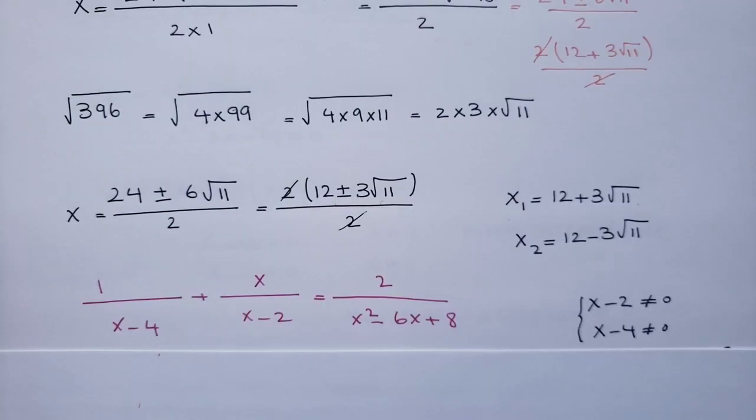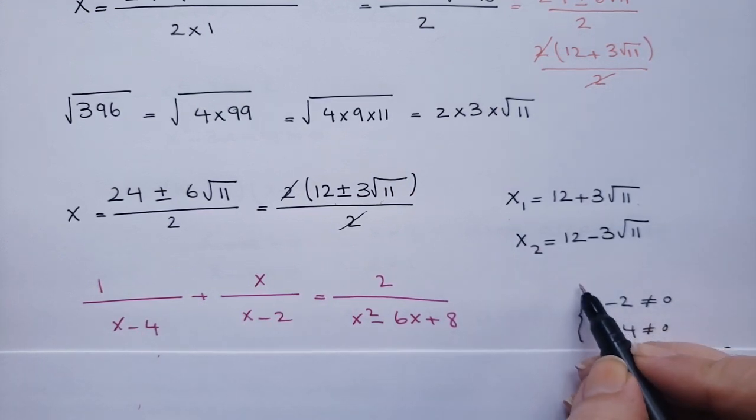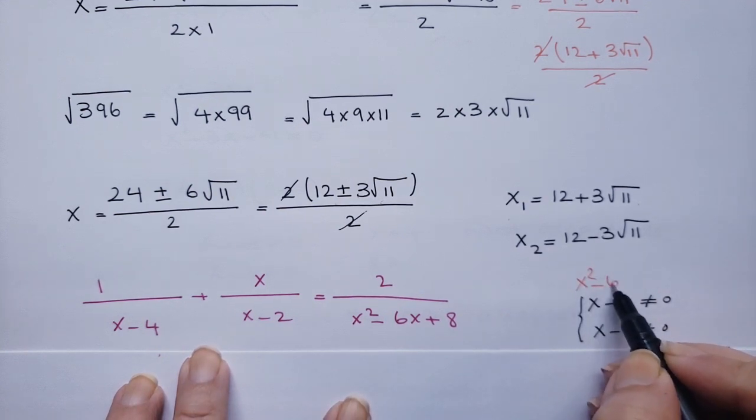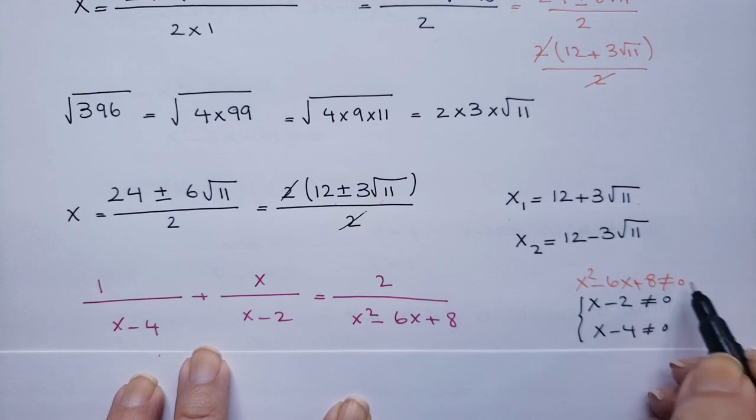Let's do one more interesting example. Here I have another rational equation. First thing, I have to identify the NPVs. So here, let's say I have x minus 2 and x minus 4, which cannot be 0. Also, I have here x squared minus 6x plus 8, which shouldn't be 0.